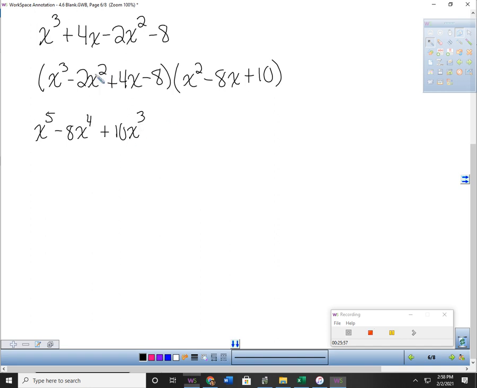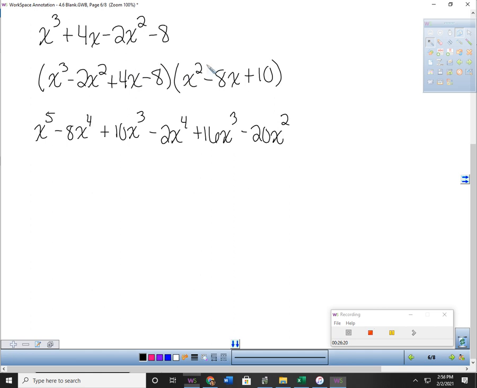Then I do the negative 2x squared times x squared is negative 2x to the fourth. Negative 2x squared times negative 8x is a positive 16x to the third. And negative 2x squared times 10 is negative 20x squared.